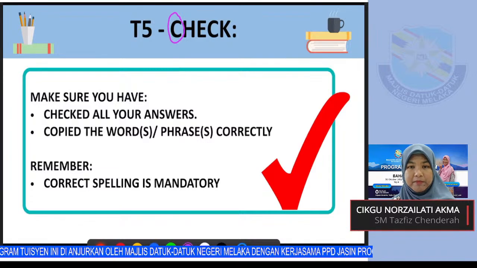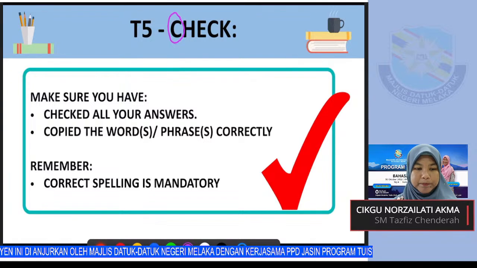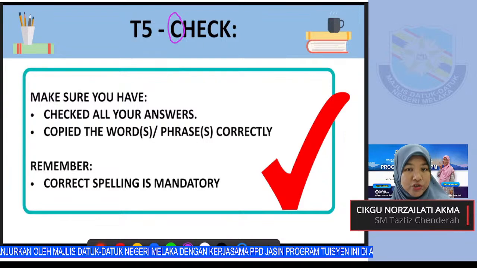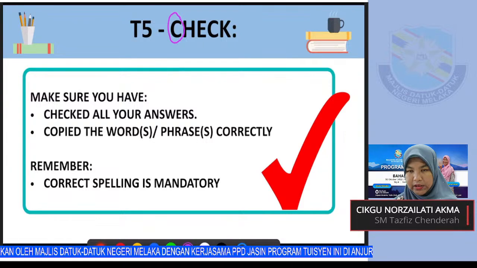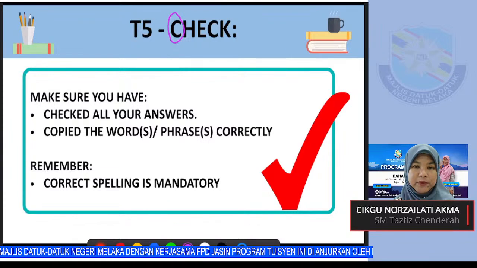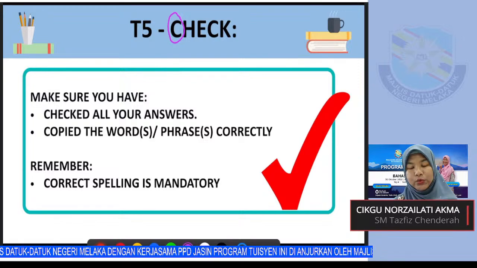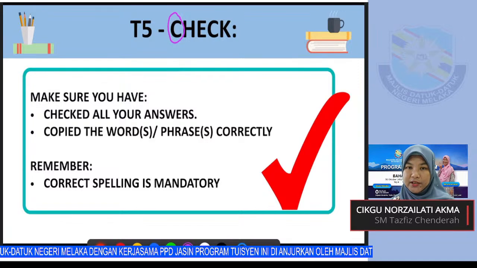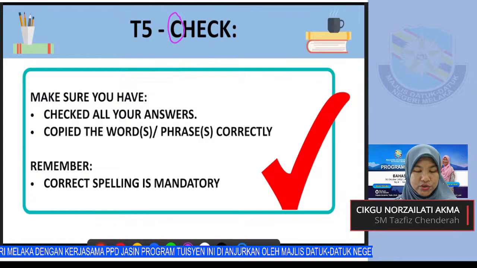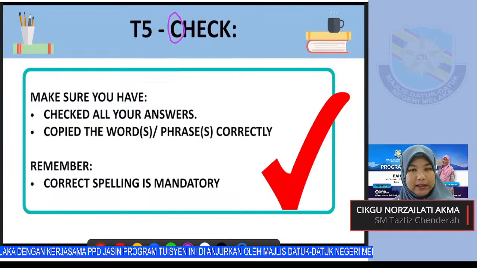Because my students sometimes tend to miss some answers on the answer sheet. They write the answer in the question paper, but they did not transfer the answer to the answer sheet. So the answer sheet actually has blanks, which means that they did not answer the question. So make sure you check all your answers are written in the answer sheet.